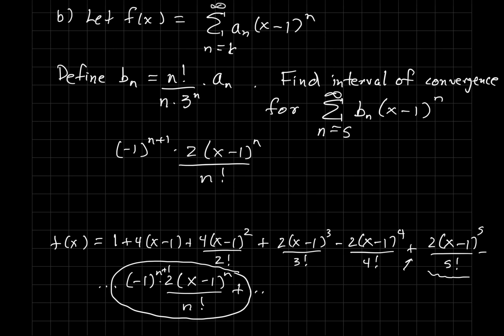And then b sub n is n factorial over n times 3 to the n times a sub n. So this is the series for which I want to find the interval of convergence.